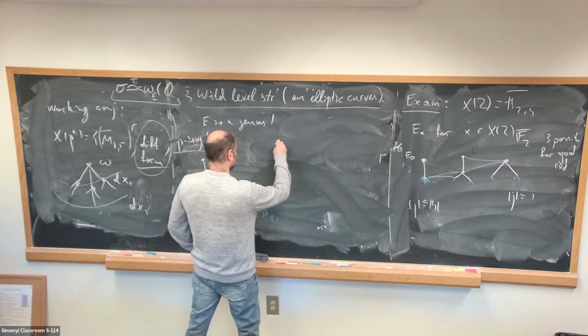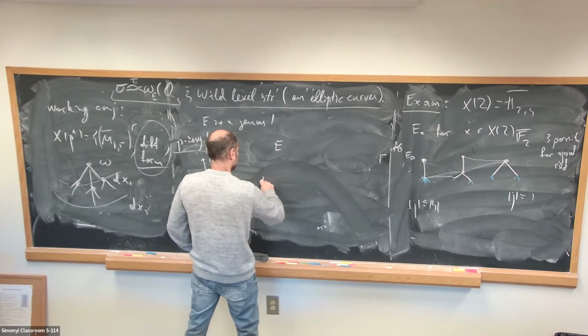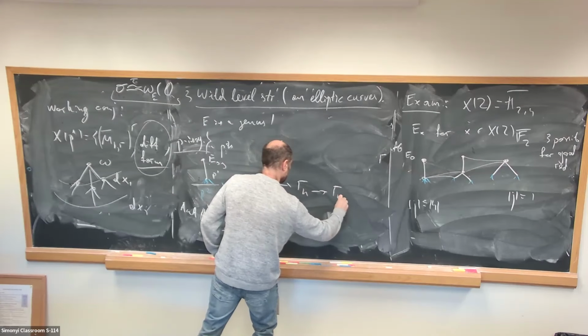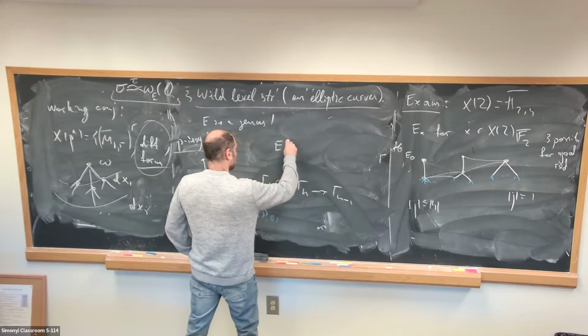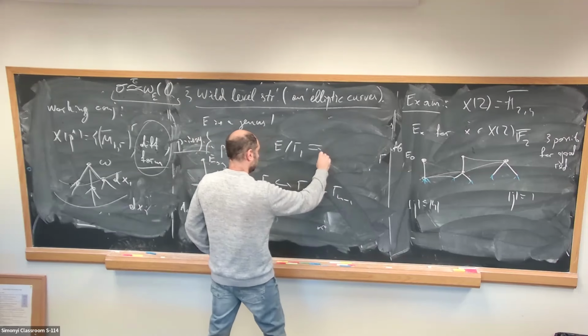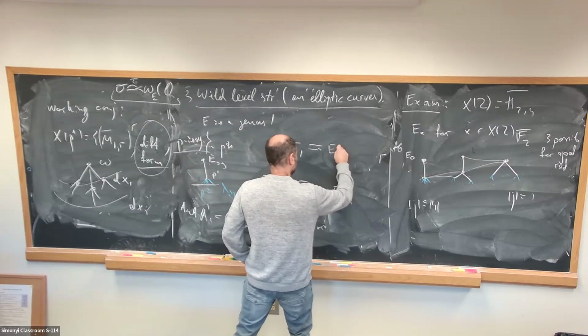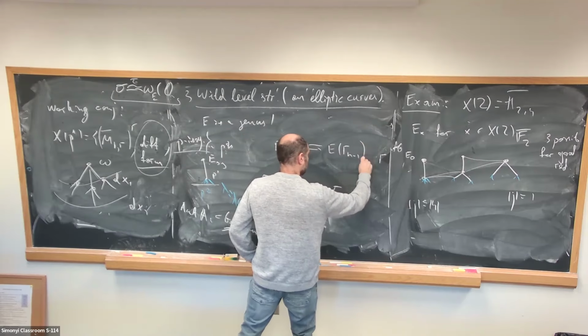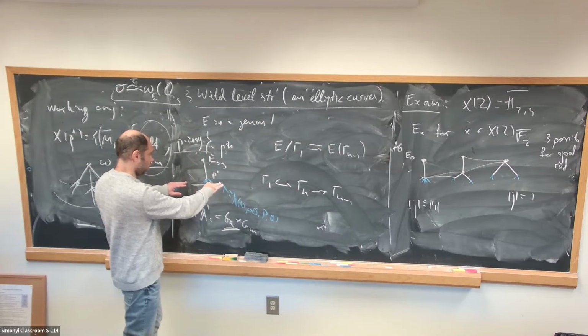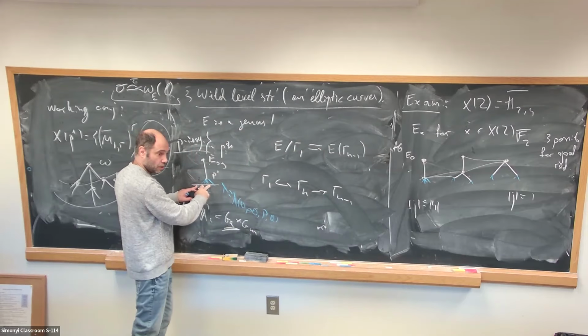Yes, you take your E. Let's say you have gamma 1 and inside gamma n map onto gamma n minus 1. So you take E divided by gamma 1, and you want this to be isomorphic to the following thing. You take E and stabilize it only by gamma n minus 1. So out of all marked points, keep only gamma n minus 1.